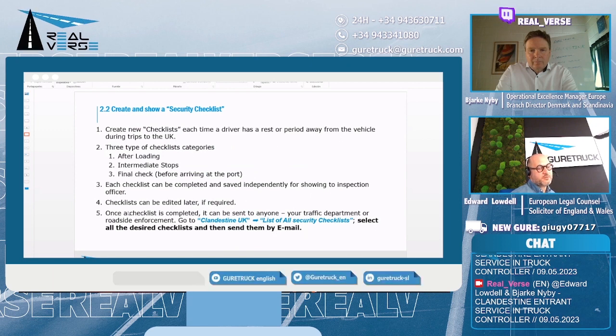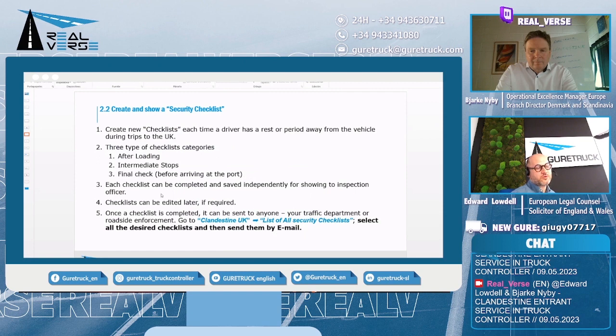Each checklist can be completed and saved independently, and they can be shown to roadside enforcement, or equally, if someone in your traffic department wants to check. For example, I said that the fifth responsibility is a company responsibility. This is monitoring. If the company wants to monitor that drivers are filling out the checklist and making checks to their vehicle during journeys to the UK, this can be sent to your office for someone to check the checks that drivers are making.